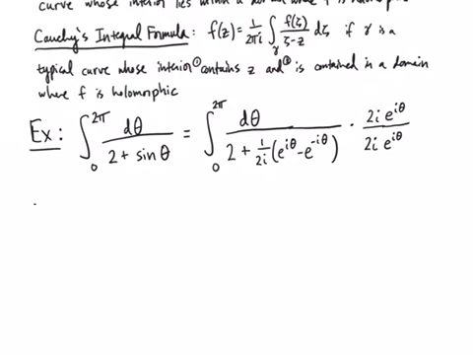Okay, so if we do that, what do we see? We have the 2i e to the i theta d theta. And we have, let's see, e to the i theta squared.